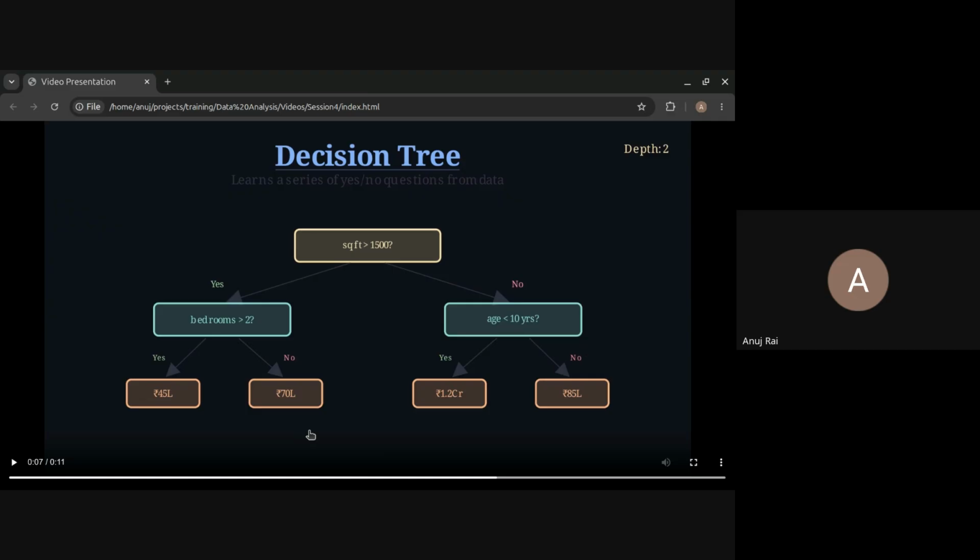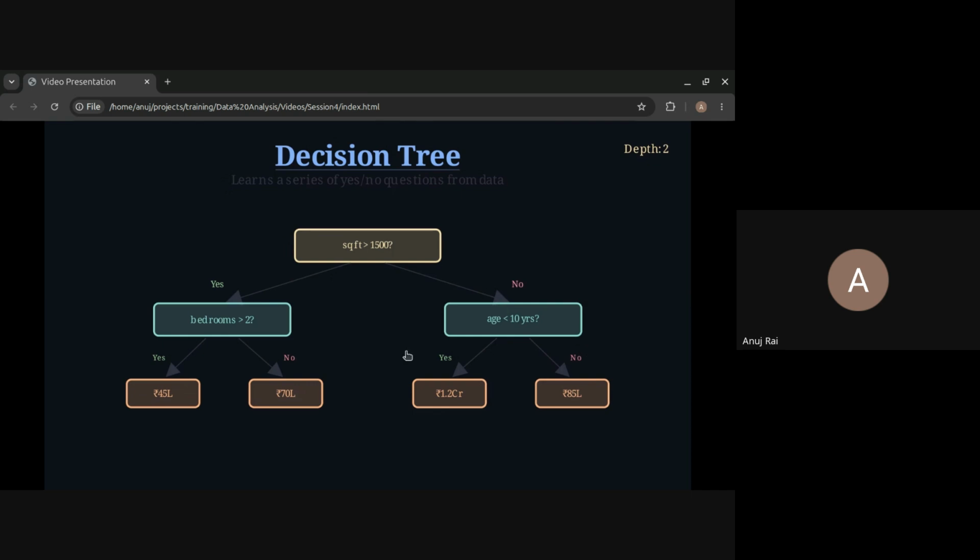We provide the data, we provide what the variables are, and based on all the data points, it keeps on splitting the data and comes up with a decision tree like this. So in a way, you can say that rather than hard coding the logic, it finds the pattern in the data and finds the if and else conditions in it.